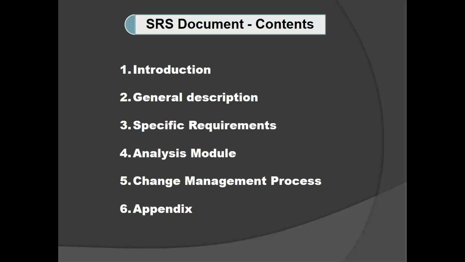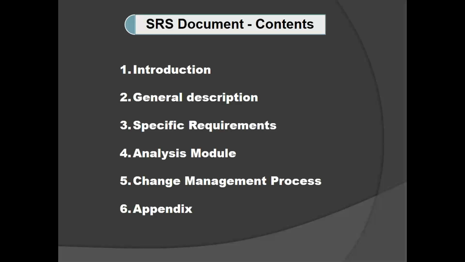Product functions means the general features that particular product has. For example, if you are developing a website, then what are the general features that are available in website, like home, about us, our services, our reviews, contact us. So these are general things. Okay, those are nothing but product functions.